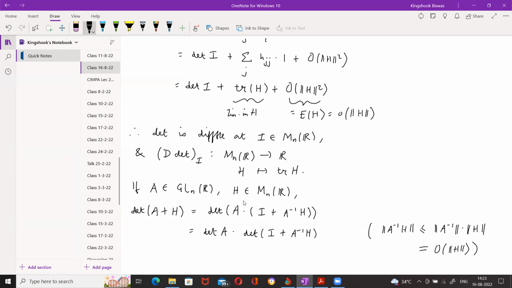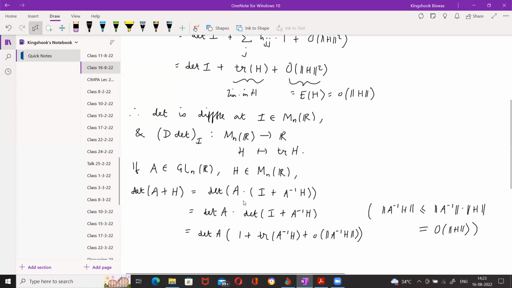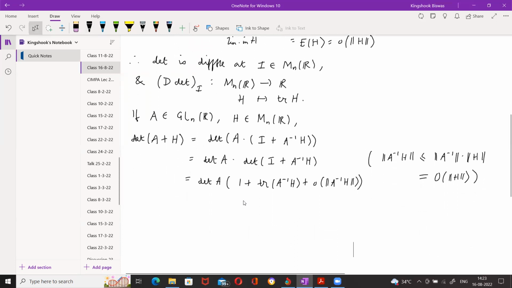Since the determinant is differentiable near the identity, I can write determinant of identity plus A inverse H as 1 plus trace of A inverse H plus little o of norm A inverse H, using the differentiability at the identity and the fact that the derivative at the identity is the trace, when H tends to 0.